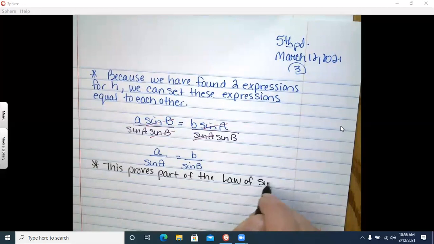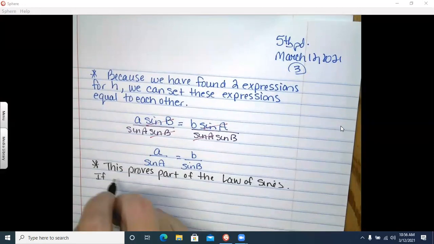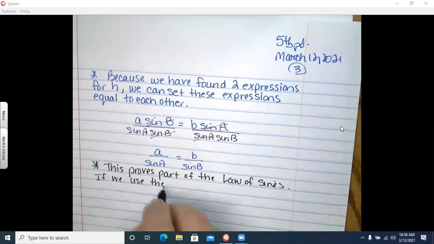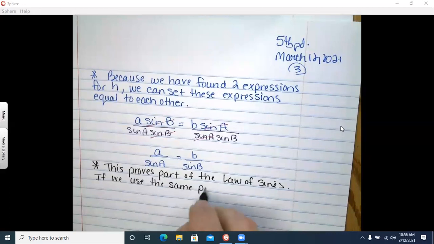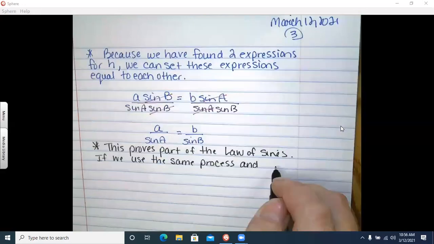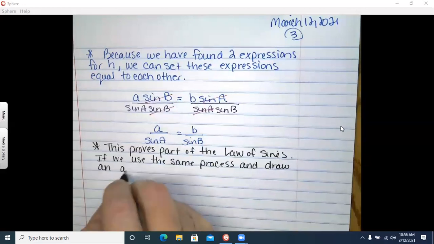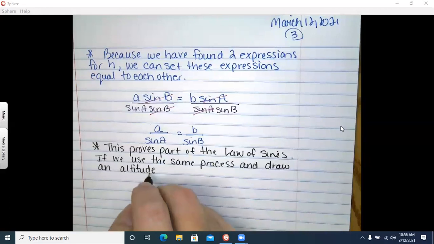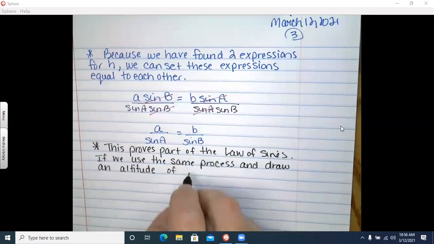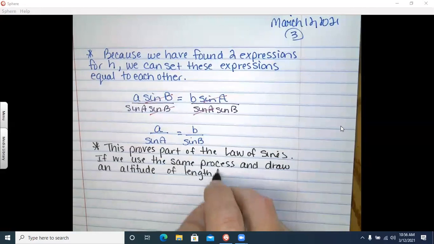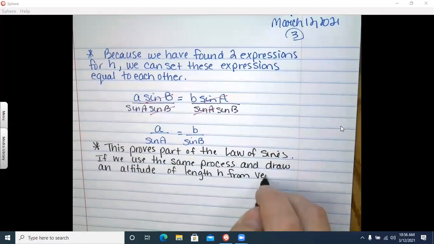If we use the same process and draw an altitude of length h from vertex A, we obtain the following result.